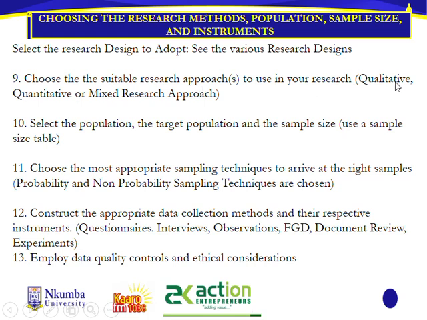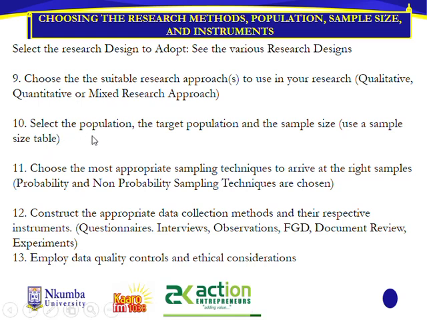Among the research approaches, you choose the most appropriate one, which is either the qualitative research approach, quantitative, or mixed research approach. At this stage, the researcher must make a decision on which one to adopt. For the case of Nkumba University, a mixed research approach is appropriate. Other universities can also choose between qualitative, quantitative, or mixed.